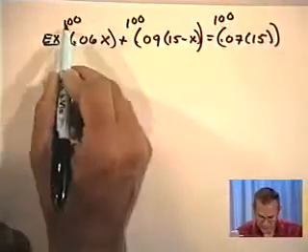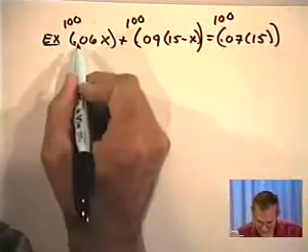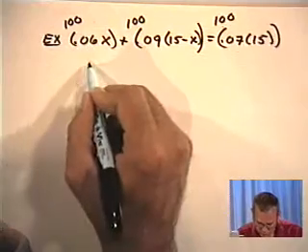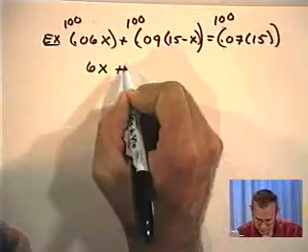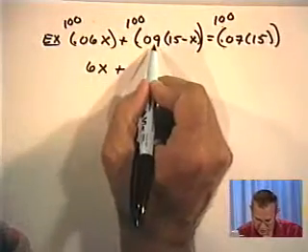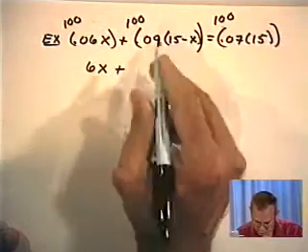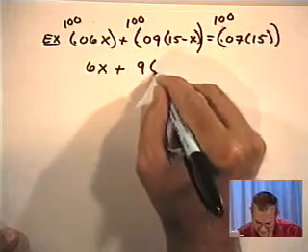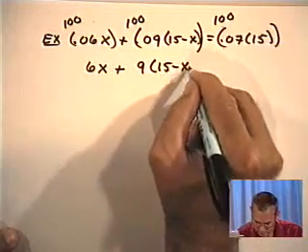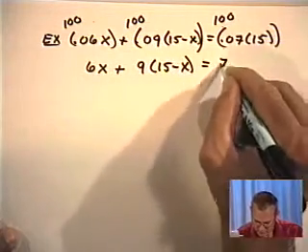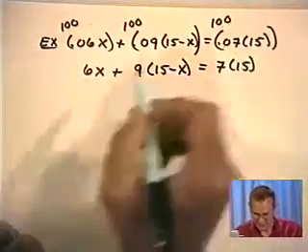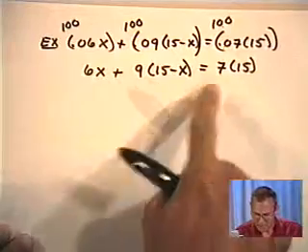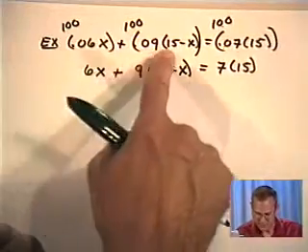When I multiply this first term by 100, I simply move the decimal place over 2 places, and I get 6x. Again, when I multiply this term, I move the decimal 2 places over, and I get 9. And the same over here, I get 7. Now notice, my linear equation is now much simpler because I got rid of the decimals.